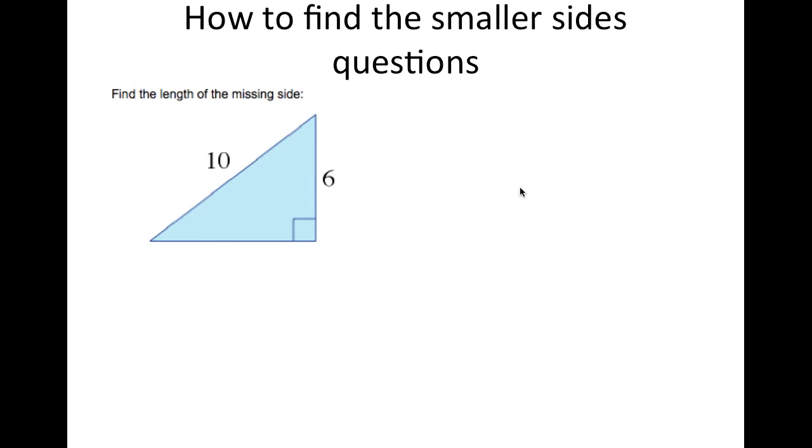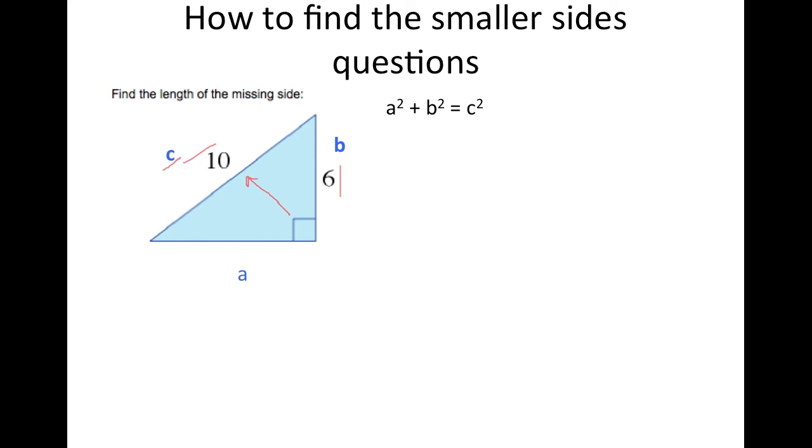Now we have a question right here. So we have lengths of two sides, and this is a right angle triangle. So we know we can use this formula. Now, like our last question, the first thing we do is label. So the hypotenuse is this side, so we have C. Doesn't matter which side you label A or B after that.